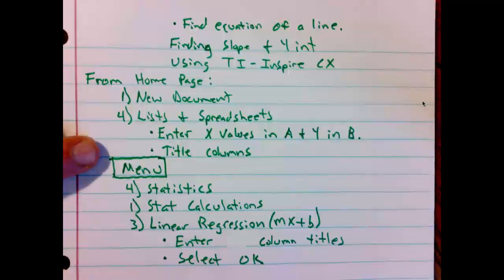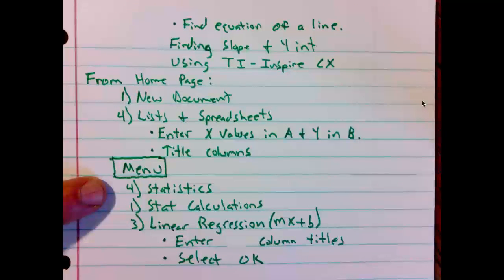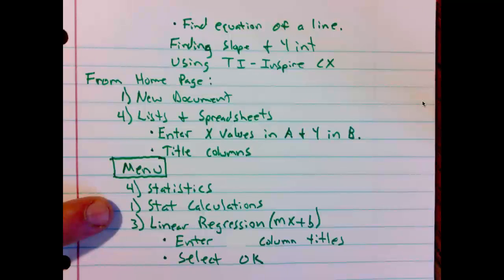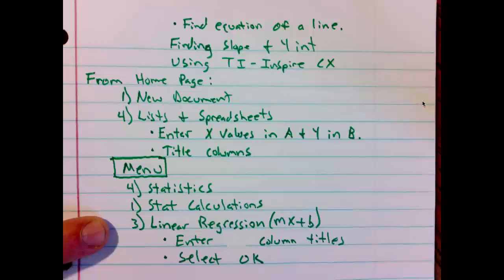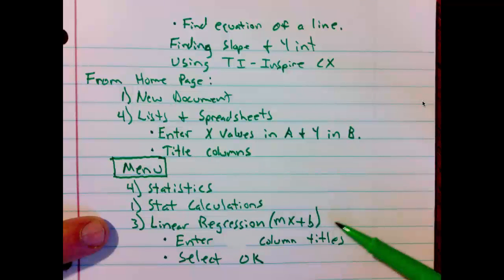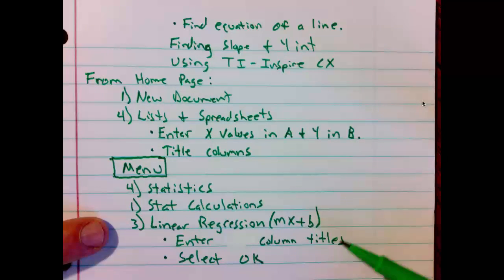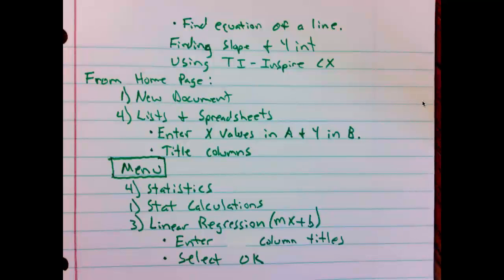Then we will hit the menu key, select 4 for statistics, 1 for stat calculations, then 3 for linear regression, and then we see our slope-intercept form here, mx plus b. We will enter some column titles and then we'll select OK. Press pause at this time and copy down these instructions.